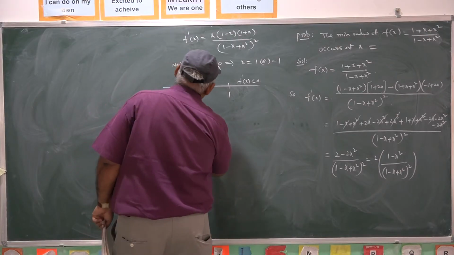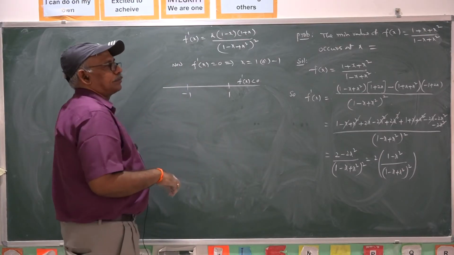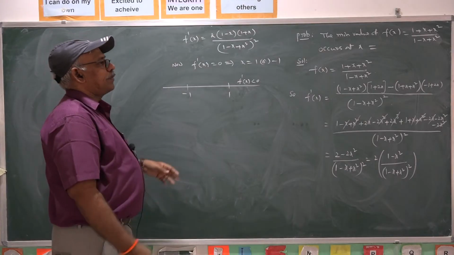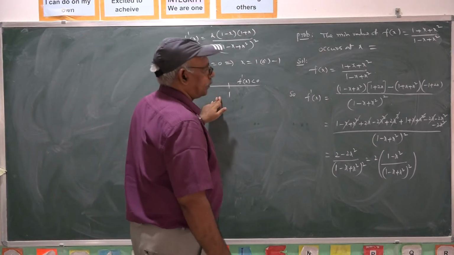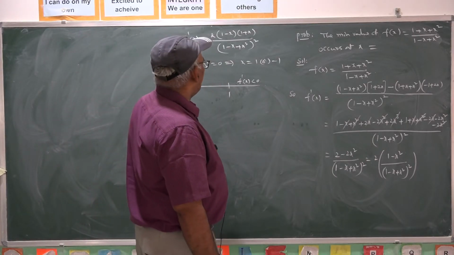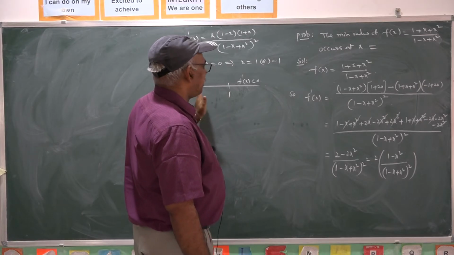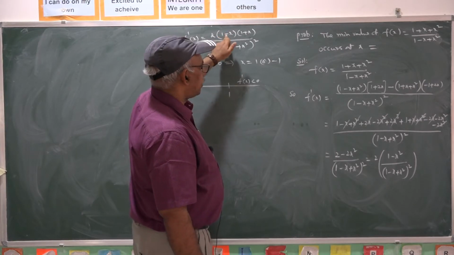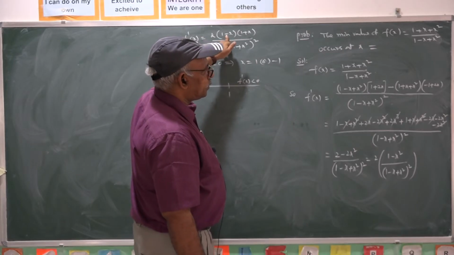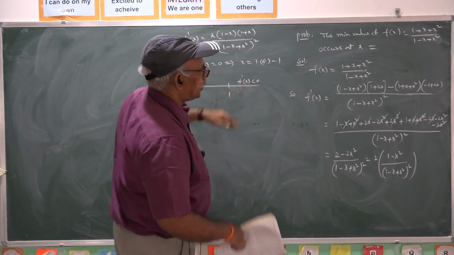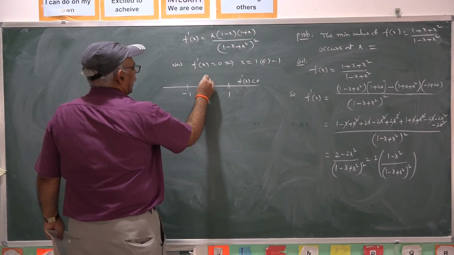Whenever x lies between minus 1 and 1, x less than 1 and more than minus 1, each factor is positive. Clearly f dash x is positive.